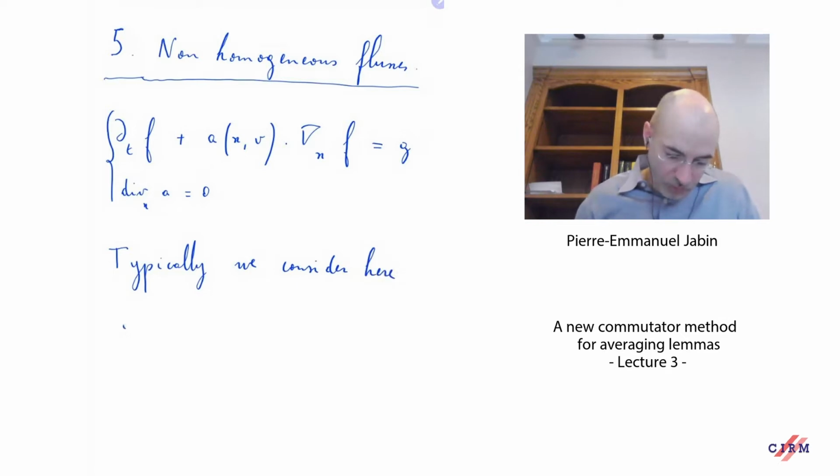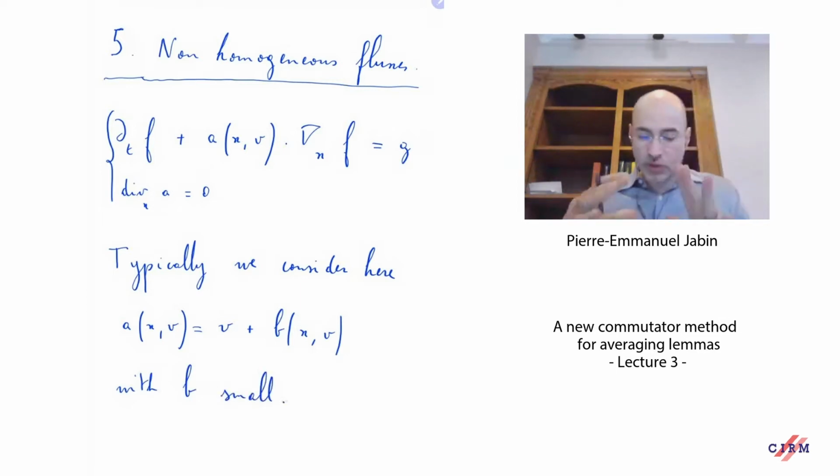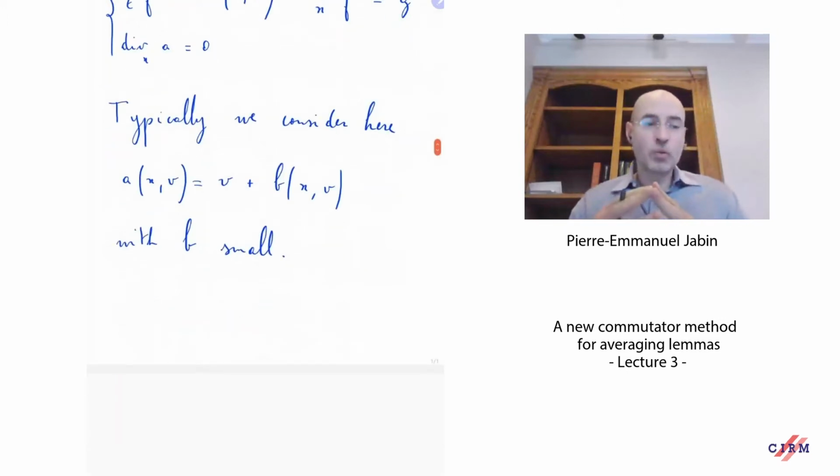I am going to consider a perturbation of the free transport. Okay. Something like that with B small. This is the main technical point, and once you have this, it's not super complicated.